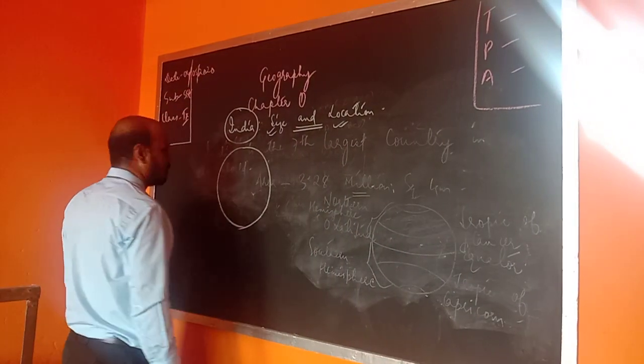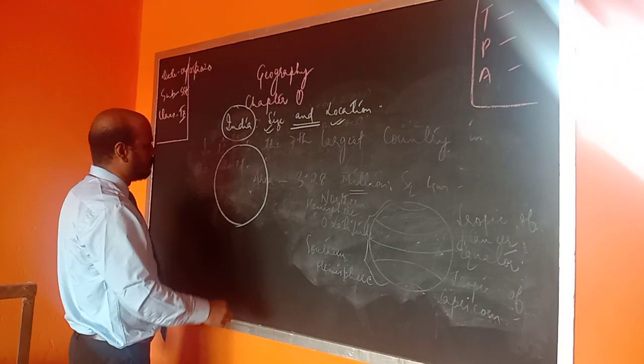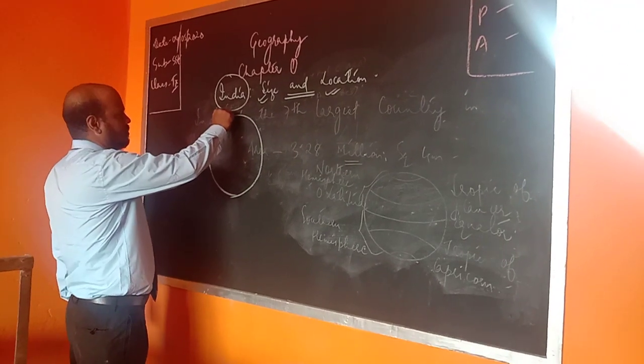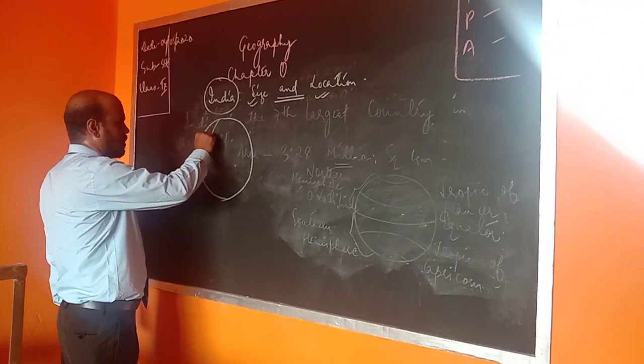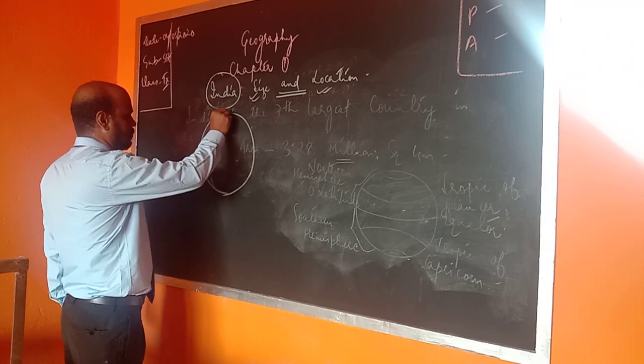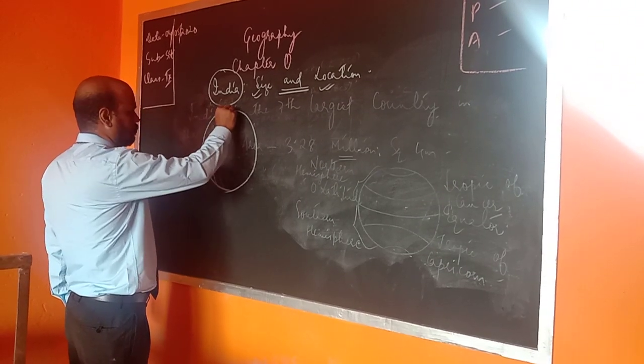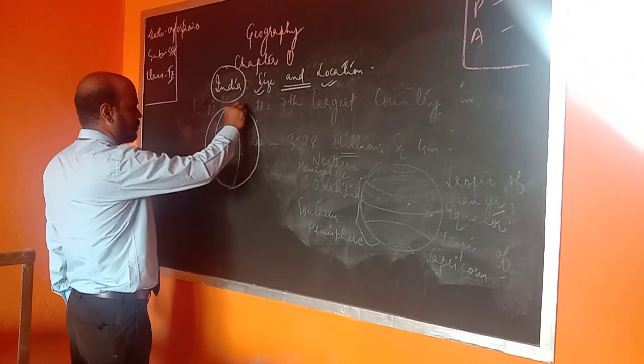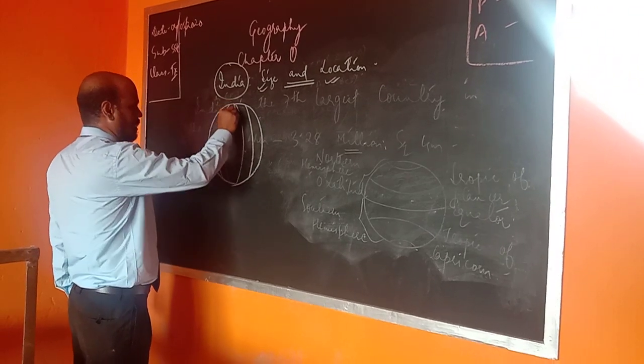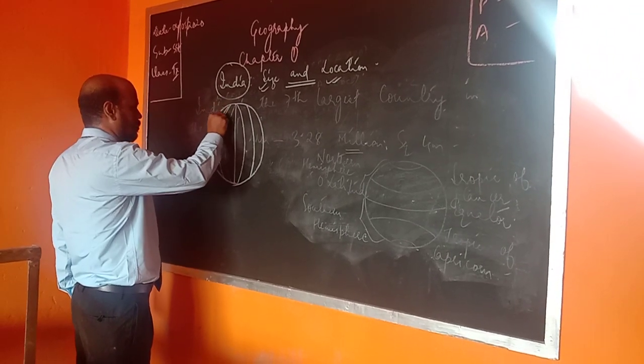Longitude is an imaginary line which passes through the north to south of the earth. These lines are called longitudes.